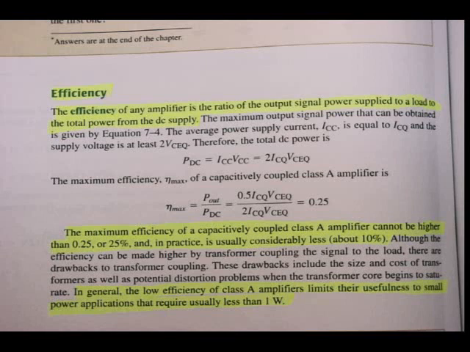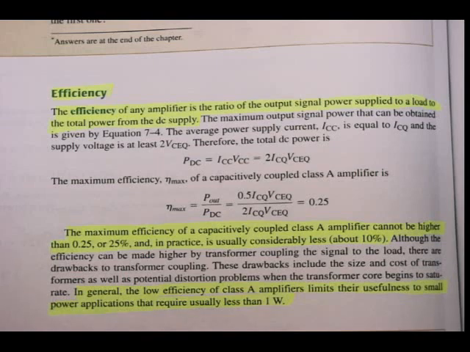In practice, it's usually considered less, about 10%. But if you are asked what is the efficiency of a Class A amplifier, say that it is maximum 25%. In general, the low efficiency of a Class A amplifier limits their usefulness to small power amplifications that require usually less than 1 watt. Please underline those sentences.